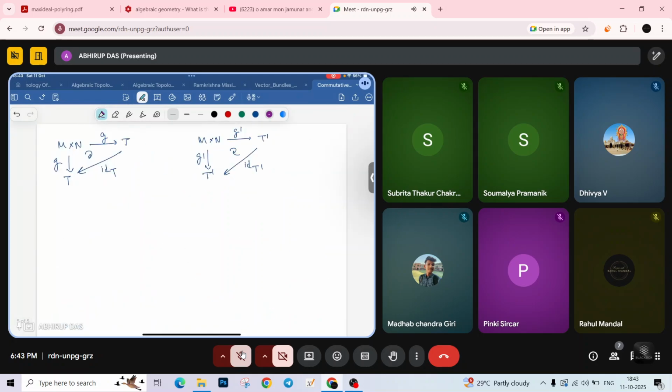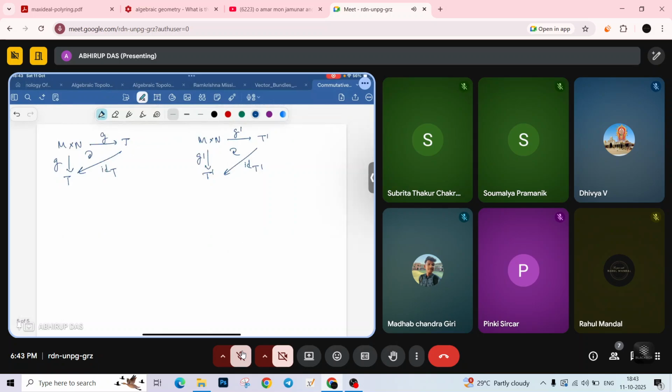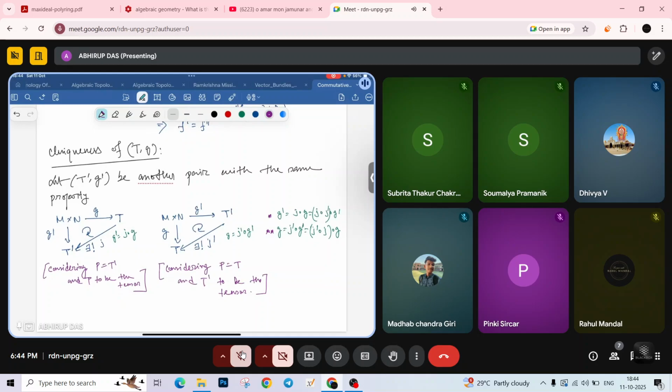So G prime is star. Here you have J compose J prime. By star, I believe it was.